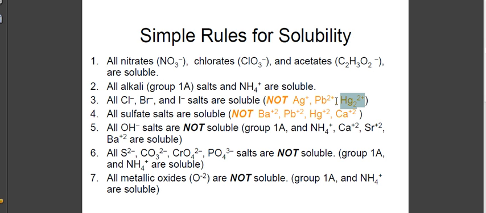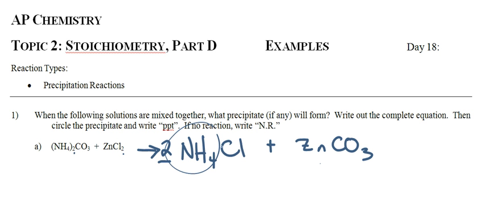That's why I have it on here. But primarily what you need to focus on is silver and lead. So if you see silver with chlorine, bromine, or iodine, or lead with chlorine, bromine, or iodine, that forms a precipitate. Okay, so let's take a look. So we have chlorine, but it's not with silver or lead. So again, that's another reason why this is still soluble.